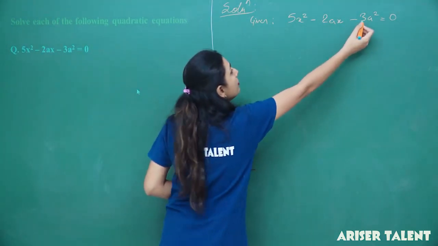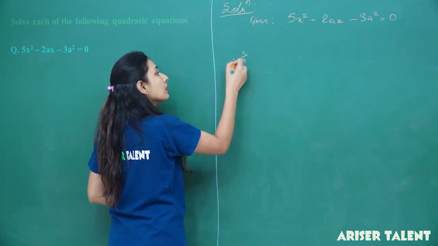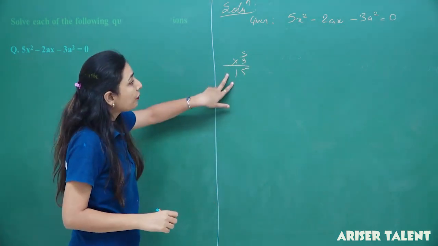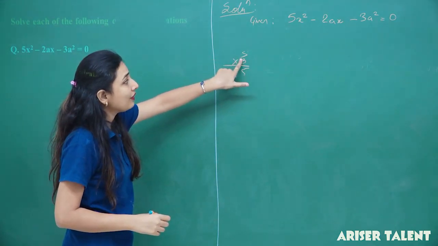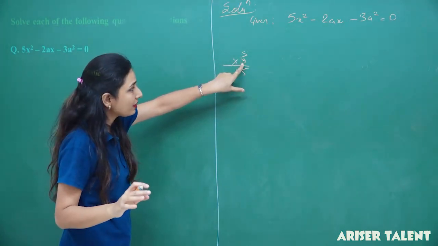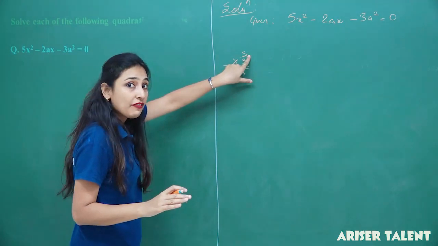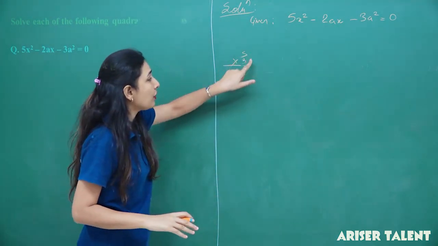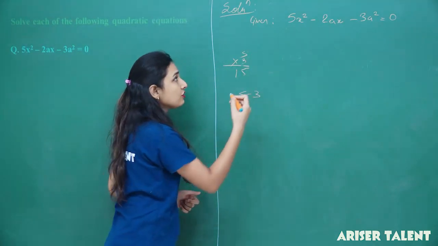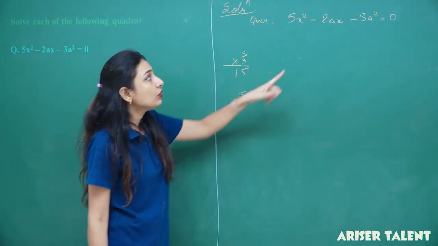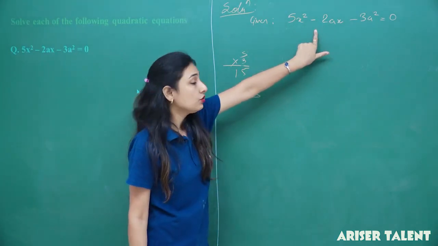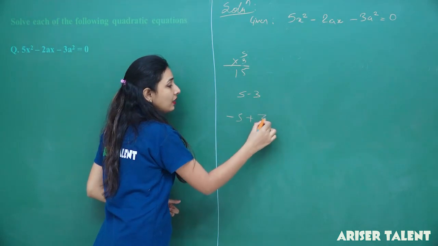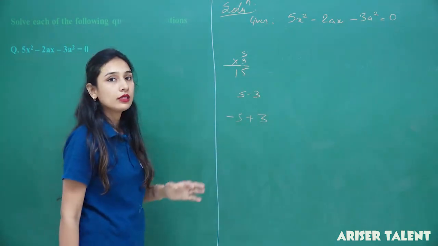So 5 multiplied by 3 is 15. Now 15's prime factors are 5 and 3. Nothing else can happen because 3 is a prime number. How can you make 2 with the help of 5 and 3? Simply 5 minus 3 is 2. Now 2 is of minus, so I can write 5 in minus and 3 in plus.